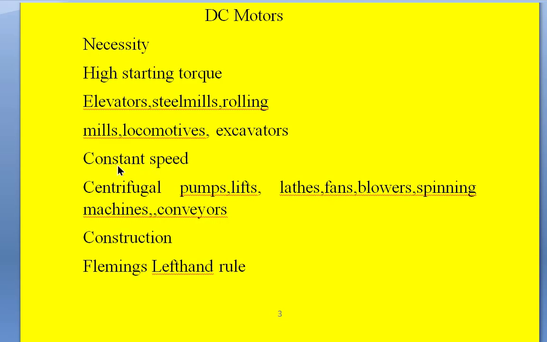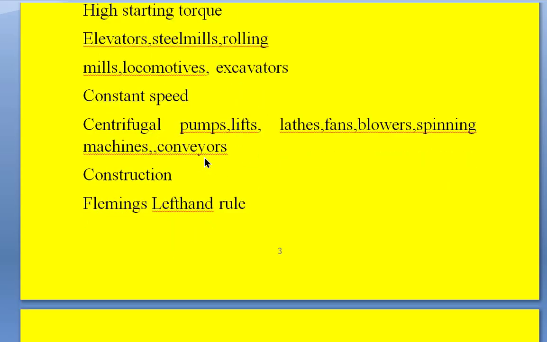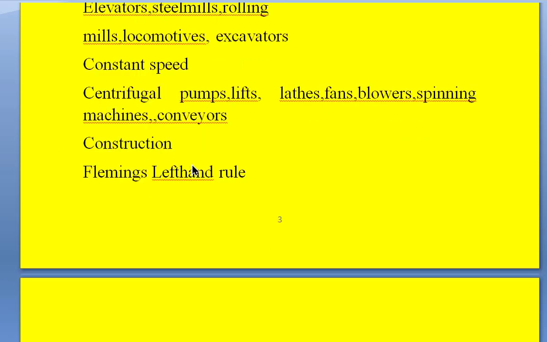For constant speed purposes. And we have seen the construction of the DC motor, which consists of basically two parts: one is called the stator, the other is called the rotor. The stator consists of several parts and the rotor also consists of several parts. That also we have discussed.